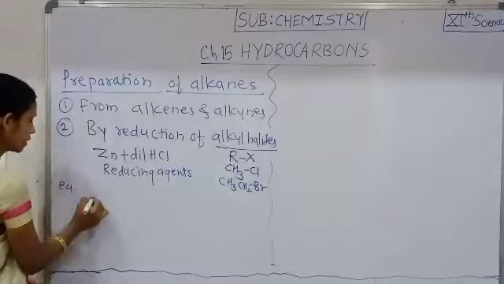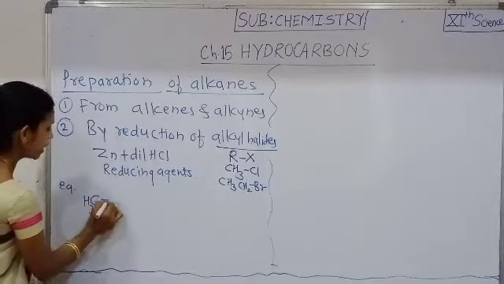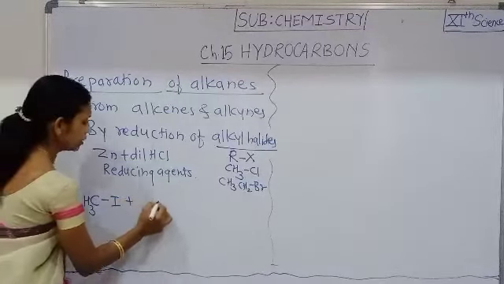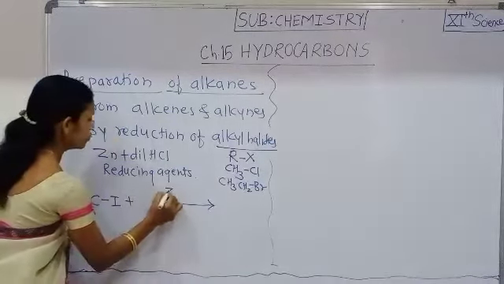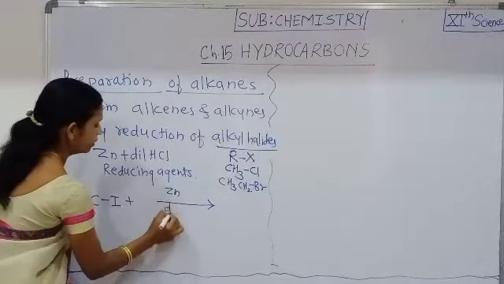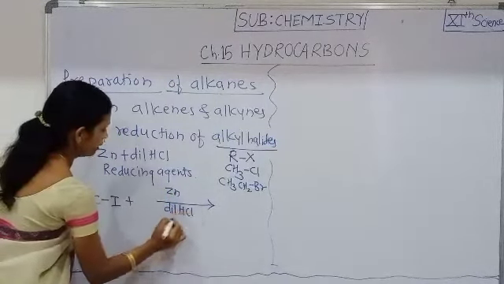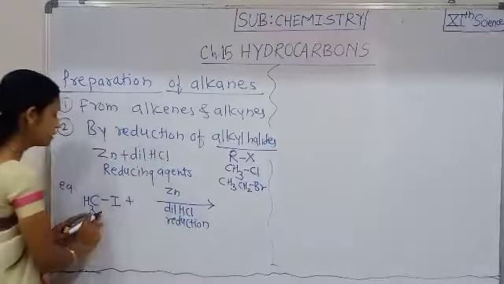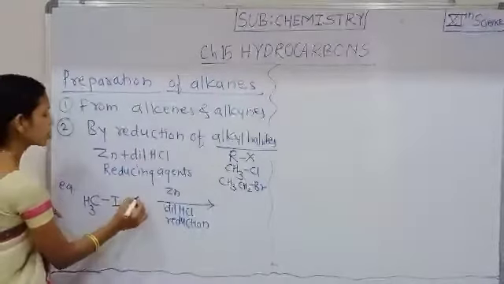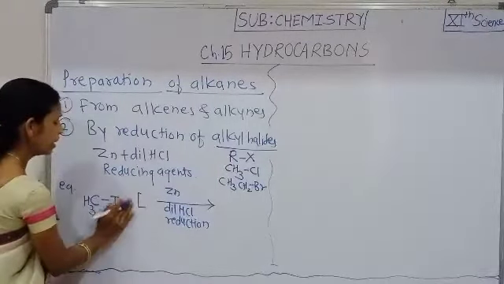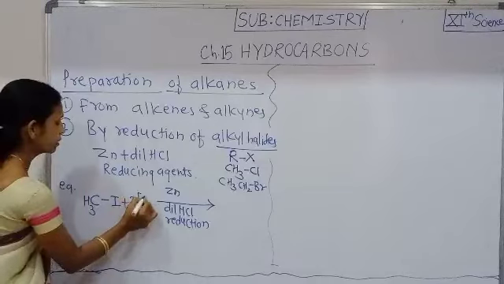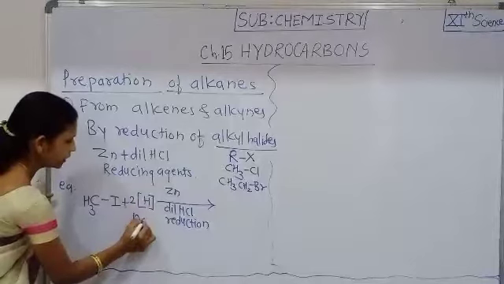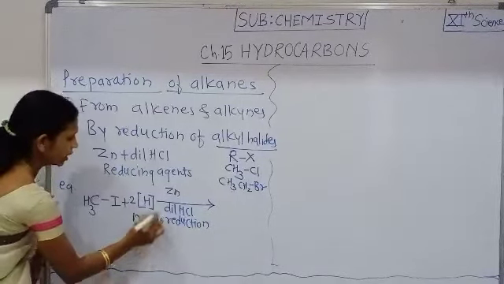For example, methyl iodide undergoes reduction in the presence of zinc and dilute HCl. Here the process of reduction of alkyl halide takes place. Reduction of alkyl halide means addition of hydrogen, here the nascent hydrogen.